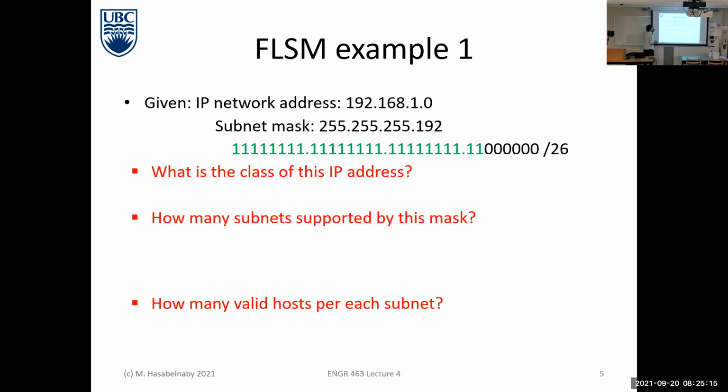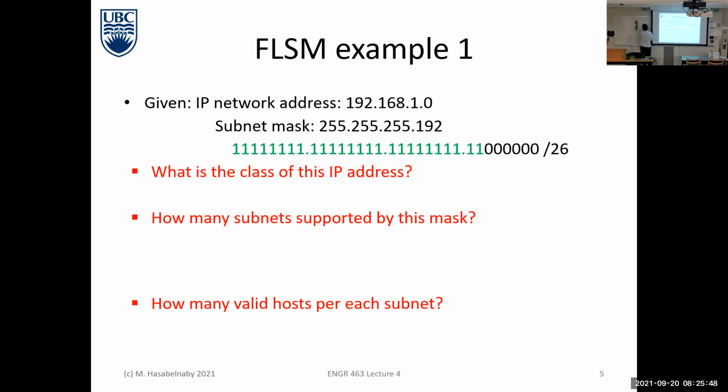So how can we do IP subnetting? Through a change in the number of ones in the subnet mask. For example, in a class C IP address, the default subnet mask is /24.